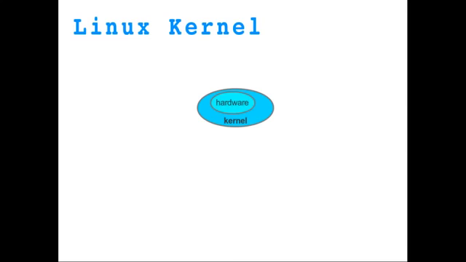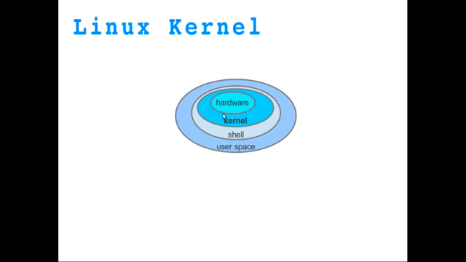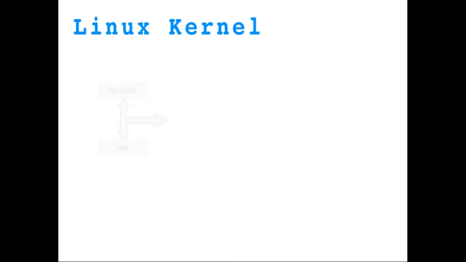All those hardware components are managed by the kernel, and in turn you have shell programs or user applications that talk to the kernel and make requests to utilize either the monitor, save information to the hard drive, or get input from the keyboard. So the relationship between the kernel and the user is like this, basically.